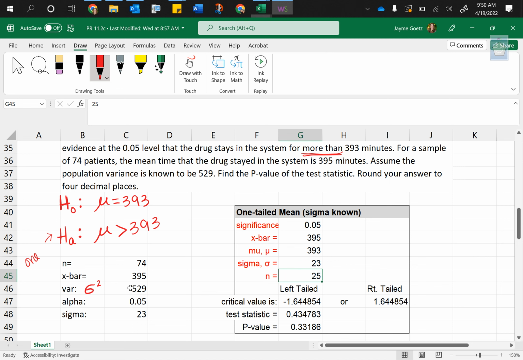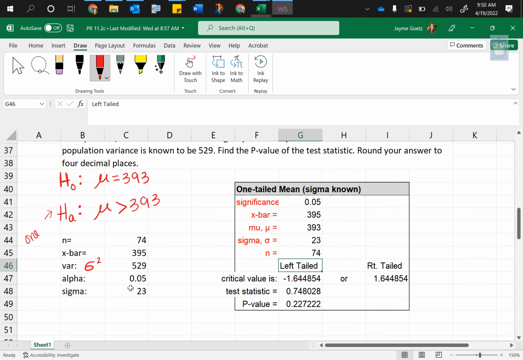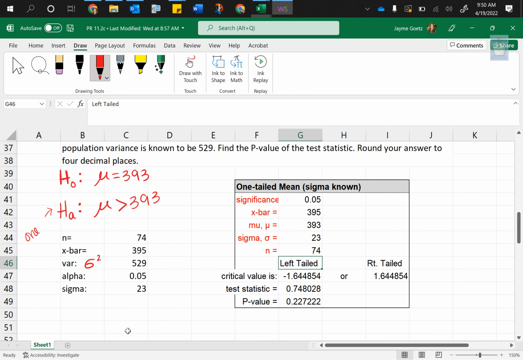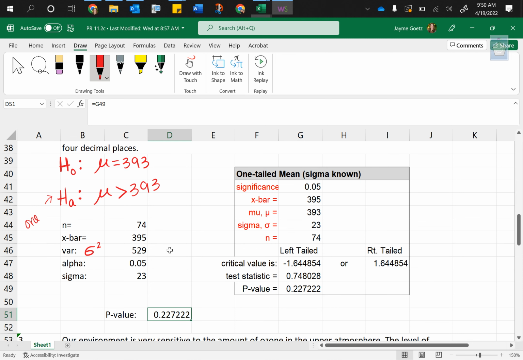And then what's my n value going to be? 74. Now again, with this problem, they only want the p-value. They said find the p-value of the test statistic. That's all they wanted. So my p-value here equals, and I want this cell reference, and again, they want it rounded to 4 decimal places.